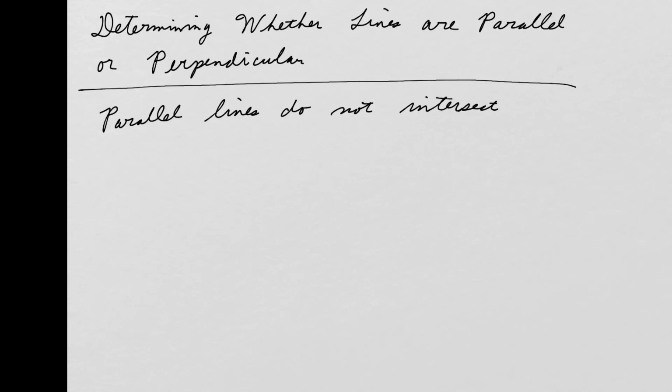So if I have two functions, let's say f of x equals m1 x plus b1, where m1 is slope 1, and let's say I have g of x equals m2 x plus b2, then how do I know if these are parallel?